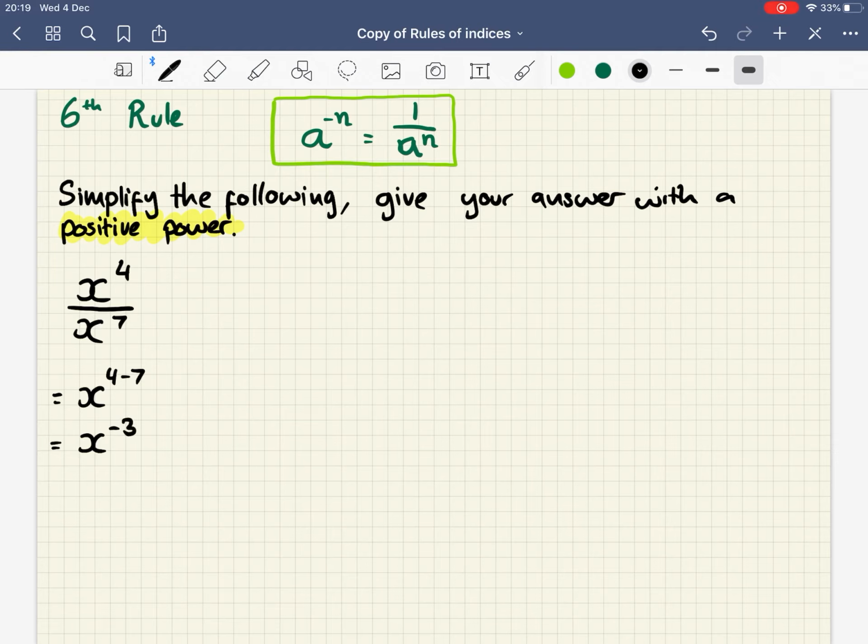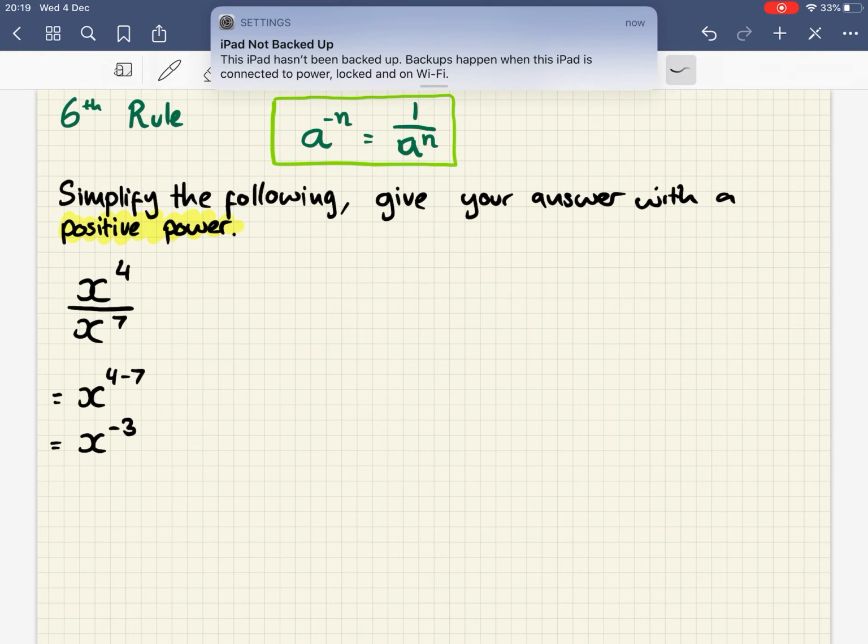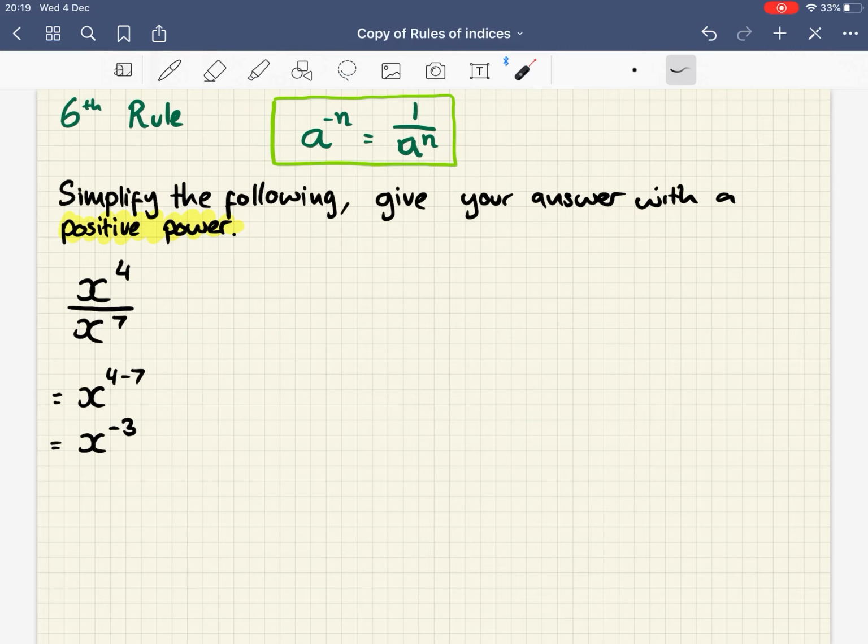Now, if we look right now, my power is negative, but we want a positive power. So that is when I can use this rule. So put it 1 over x to the power of 3. Okay.